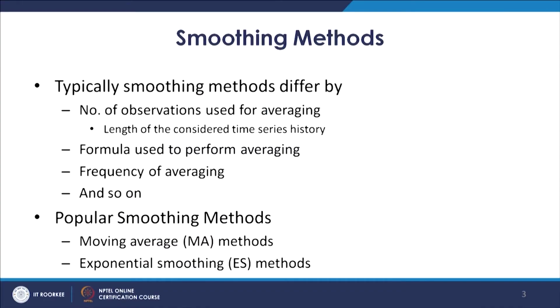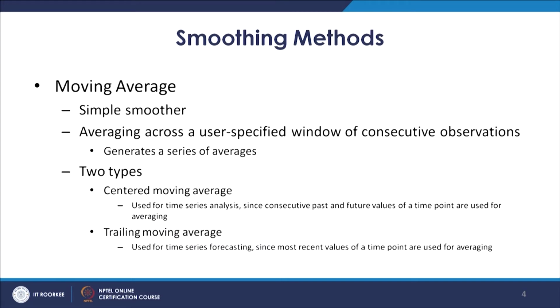We talked about how different smoothing methods differ from one another. Then we talked about two popular smoothing methods, moving average methods and exponential smoothing methods. For moving average, we talked about averaging across a user specified window of consecutive observations.